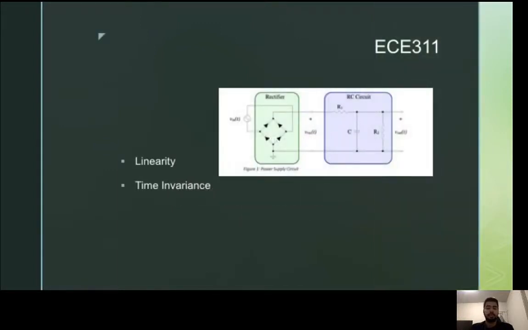When we look at this circuit, an aspect of ECE 311, which is linear system analysis, this system has two parts, a rectifier and an RC circuit. Basically we're going to talk about linearity and time invariance. Linearity means a system obeys the principle of homogeneity and additivity.